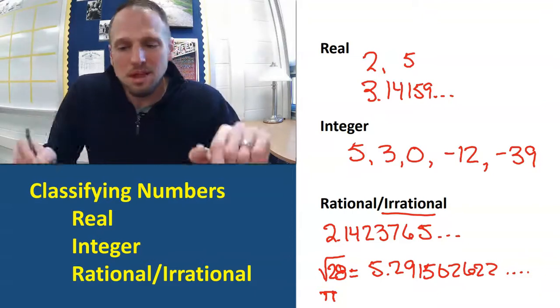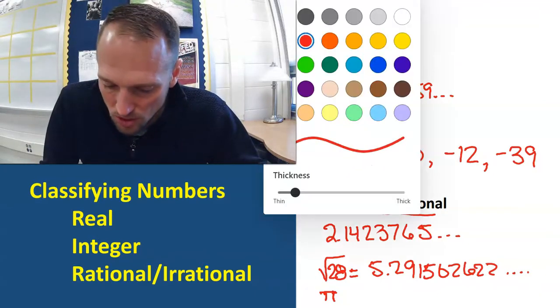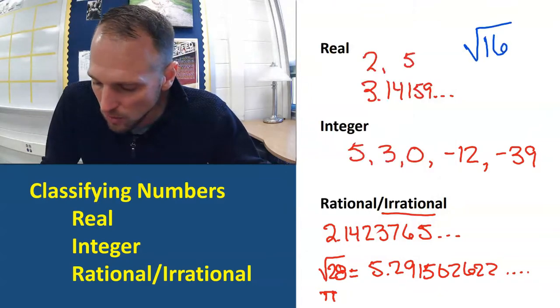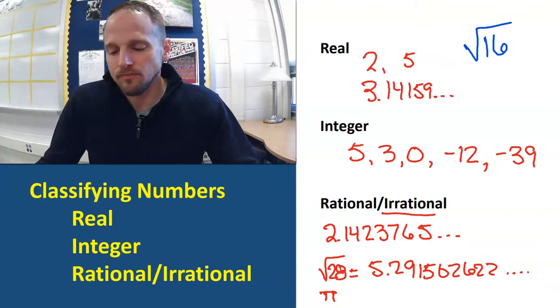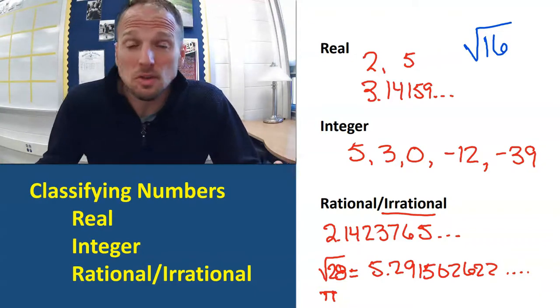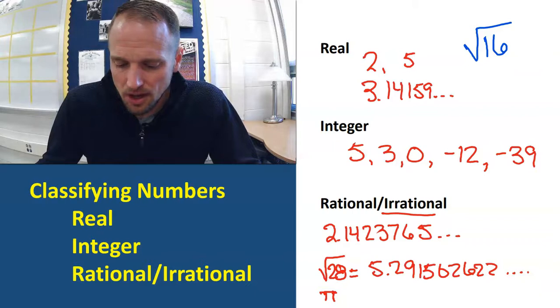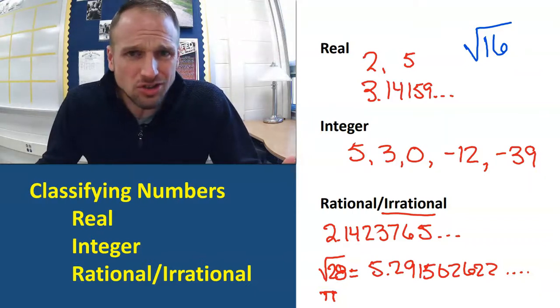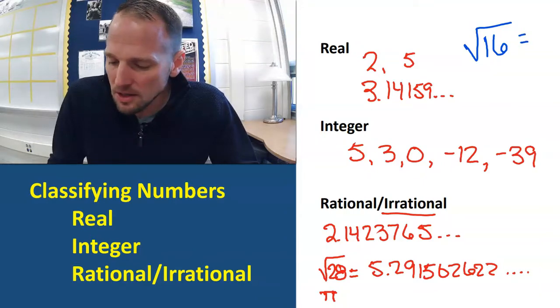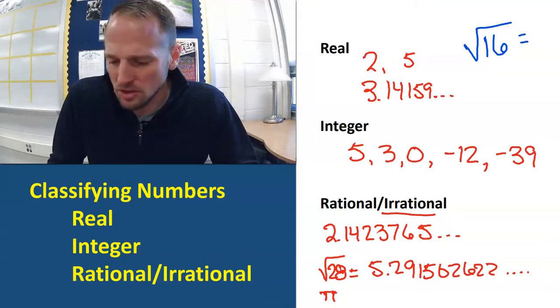Well, let me ask you another question. I want you to classify this number. What's the square root of 16? It's tricky. First of all, it's real, right? The square root of 16 exists. Is it rational or irrational? Well, it's a square root, so maybe it's going to be irrational. But what's the square root of 16 actually?